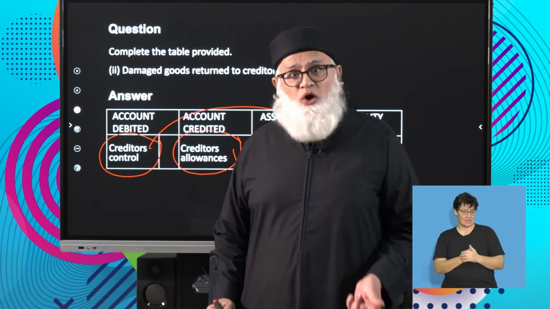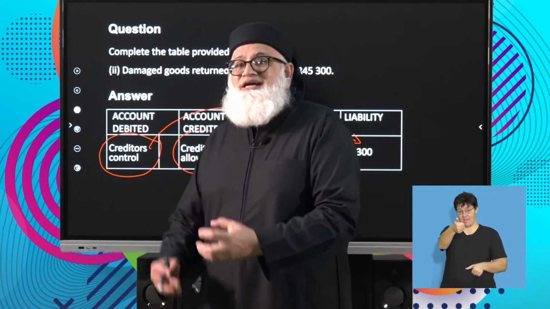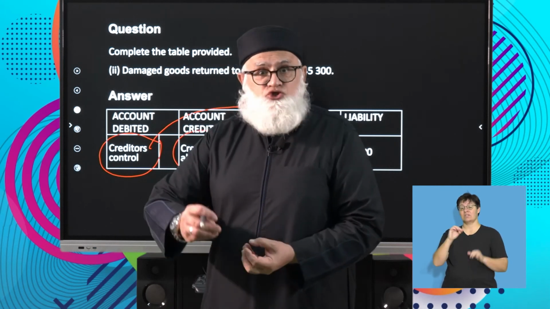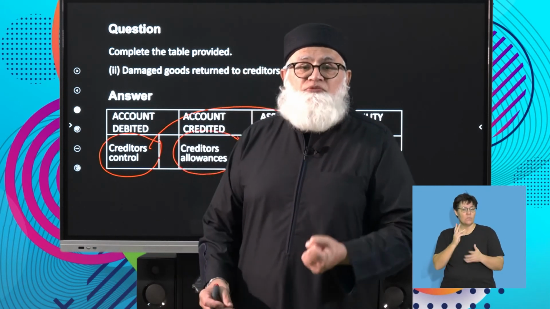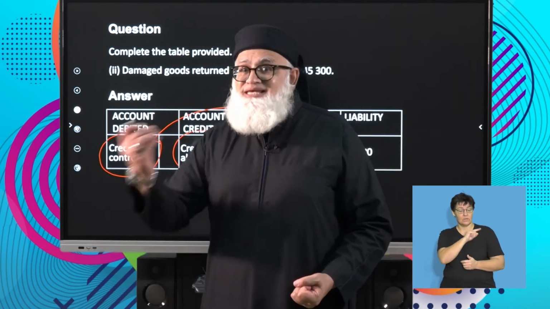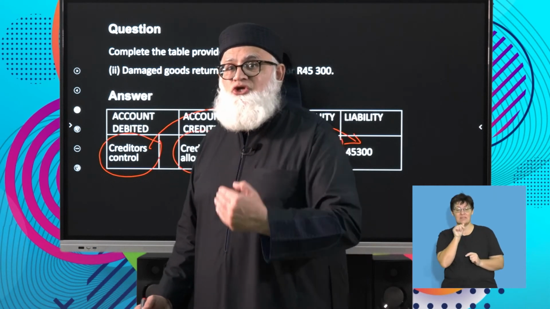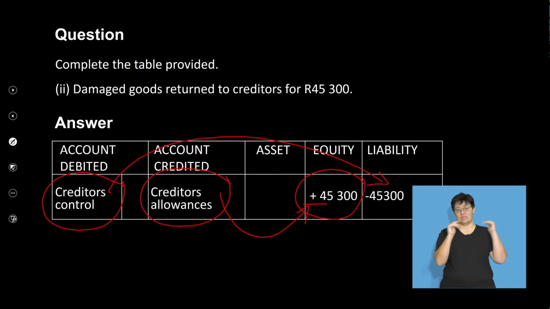When you are returning goods, creditors' allowances will eventually be subtracted from your purchases. So now, because it's going to decrease your purchases, it's going to increase your owner's equity. And that's the reason for the plus 45,300 in the owner's equity account.